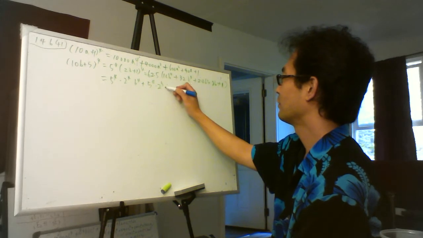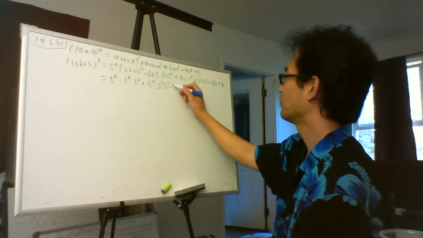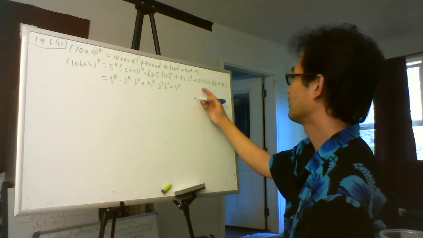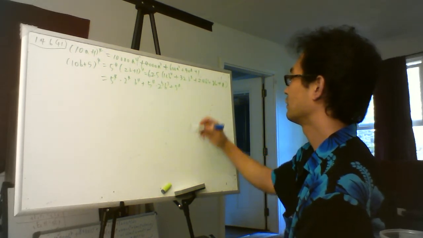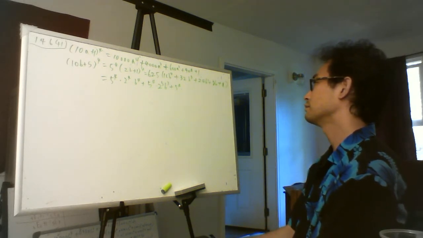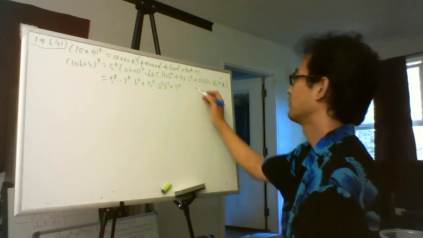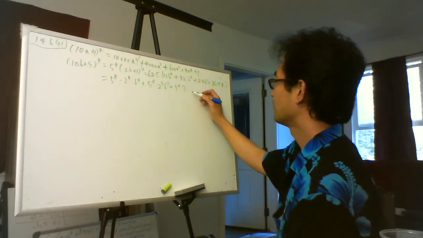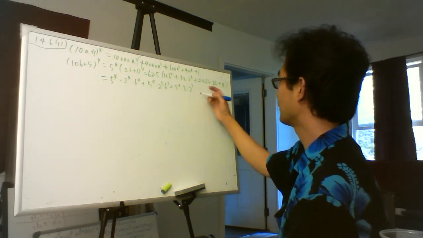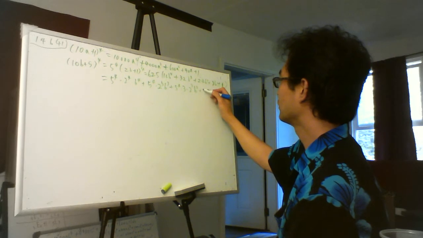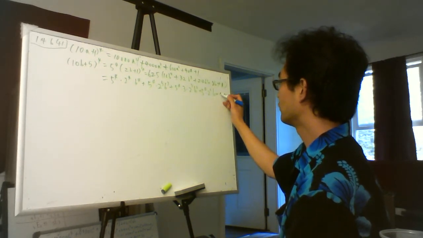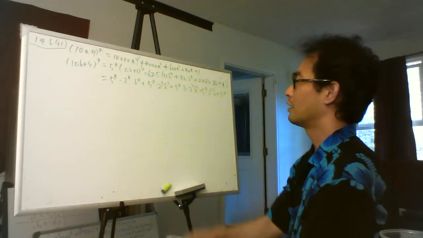To the fifth, b to the third, plus 5 to the fourth times 3 times 2 to the third, 24, 3 times 8, b to the second, plus 5 to the fourth times 2 to the third, b, plus 5 to the fourth. Whatever.